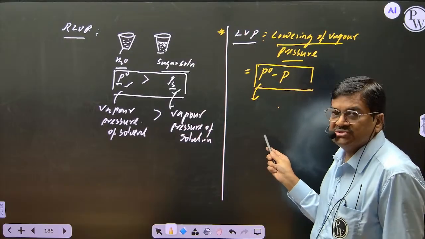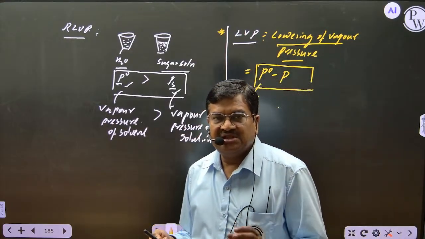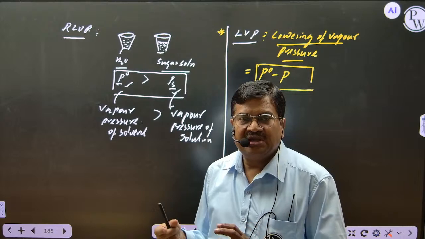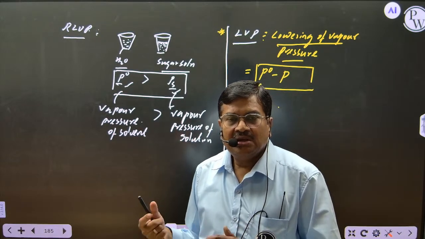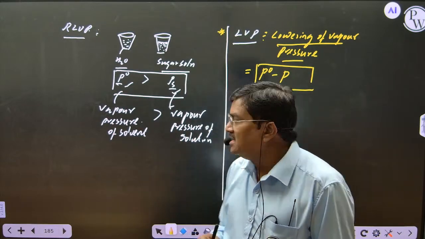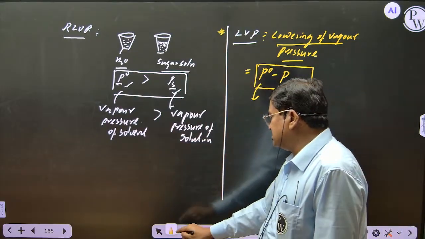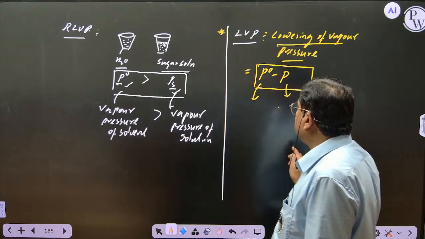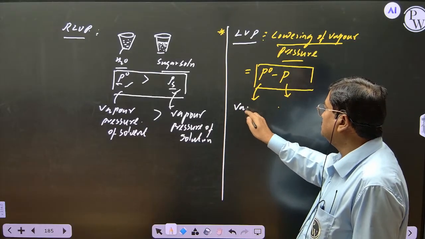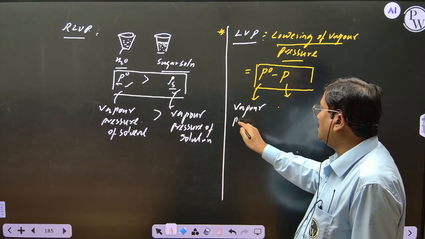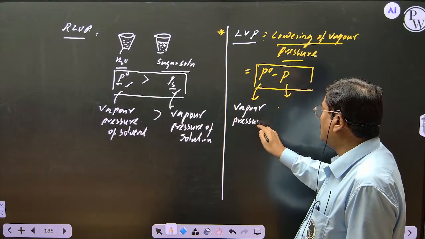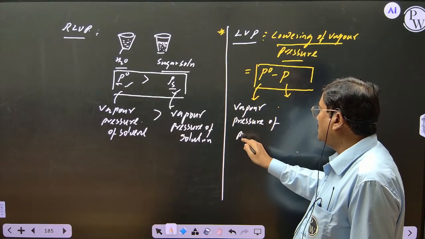So understood? So in the exam, when they give the vapor pressure of the pure solvent and the vapor pressure of the solution, how do we get lowering of vapor pressure? It is the difference right here, where P naught is the vapor pressure of the pure solvent. Are you getting the idea, all of you?